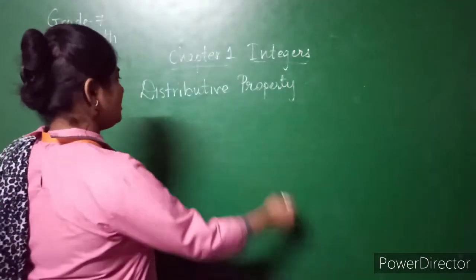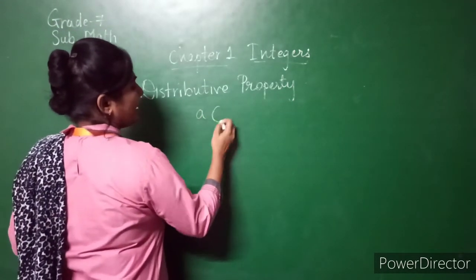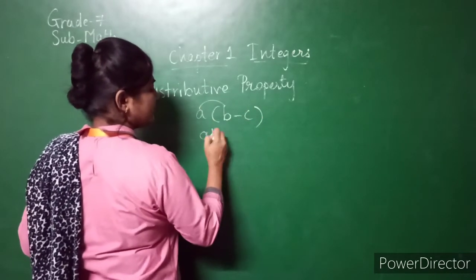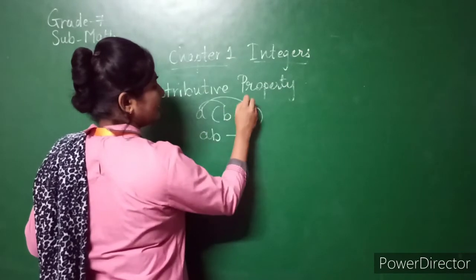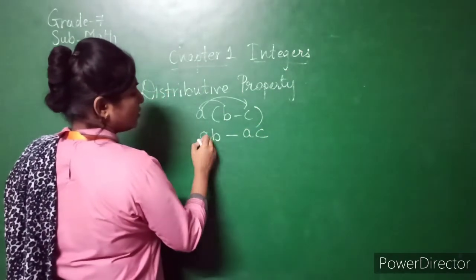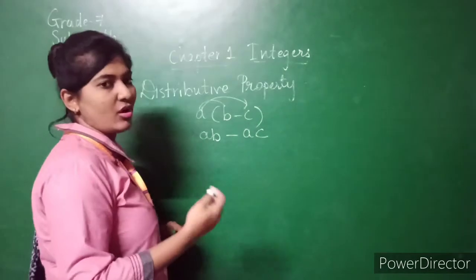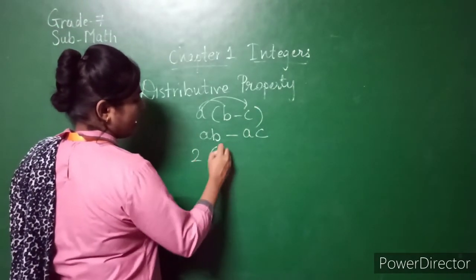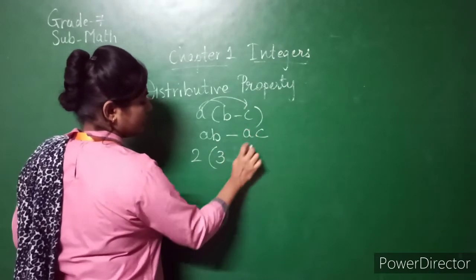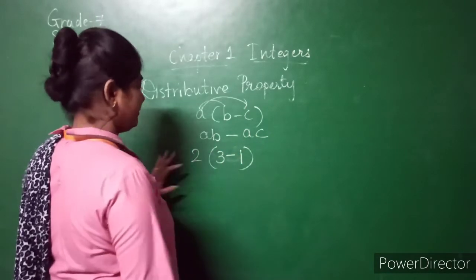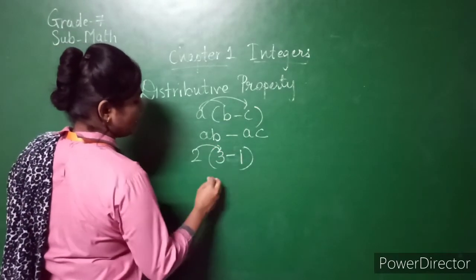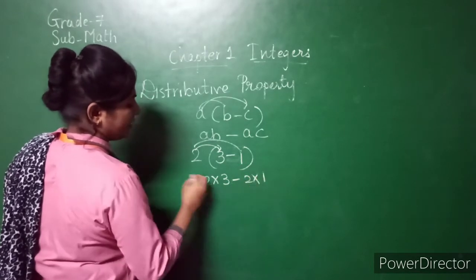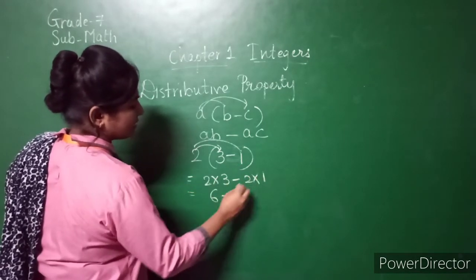Now next, let's see this with minus also. Here B minus C. So we have to multiply A with B and minus A C. So you can see that this is the distributivity of multiplication over subtraction. If you take some number, here 2, and here 3 and 1, then I have to take 2 into 3 minus 2 into 1. So it is 6 minus 2.